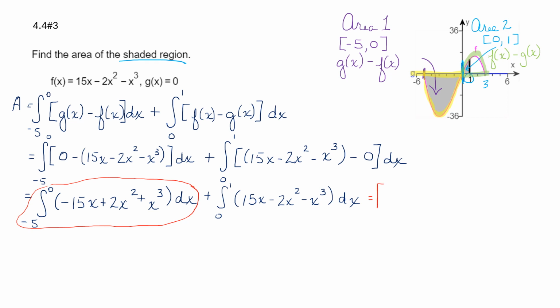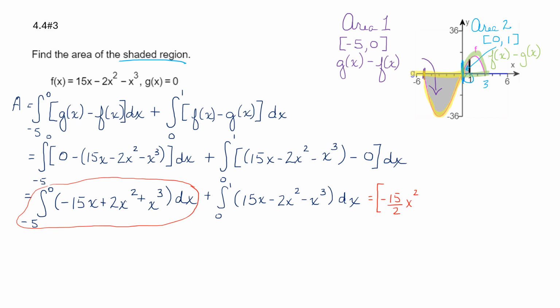So we'll have a negative 15 over 2x squared. Because remember, we're adding 1 to the exponent and then we're dividing by the exponent. So that's where that came from.